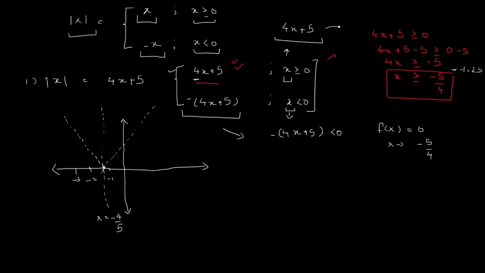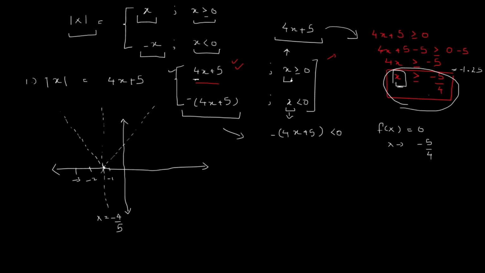When we simplify this equation, the x value comes to minus 5 by 4. According to this equation, we drew this graph.